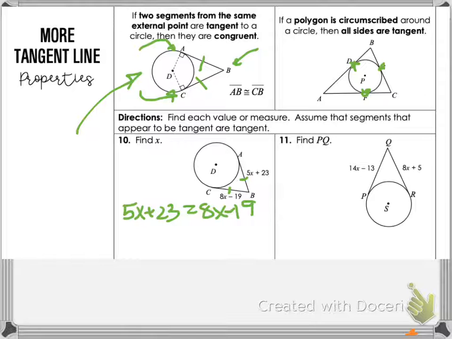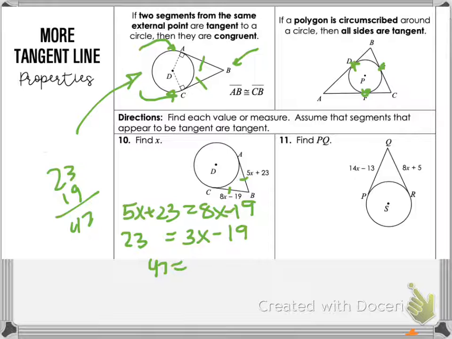We'll subtract 5x from both sides. We'll add 19 to both sides. And we'll divide by 3. Oh, wait, hold on.